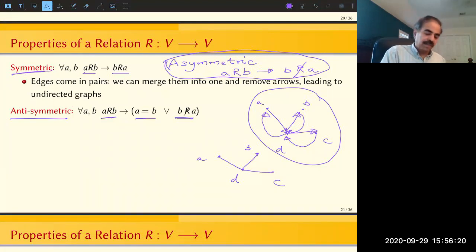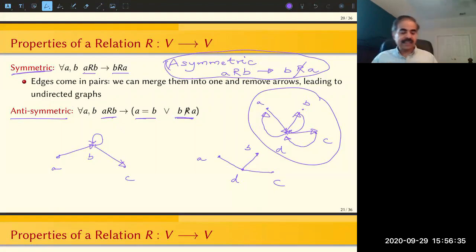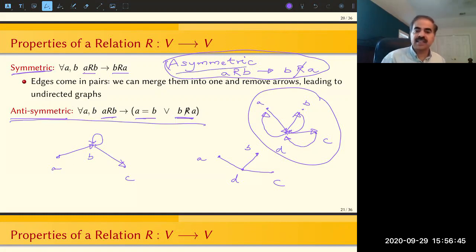So for instance, we can draw this graph. This is an example of a relation which is antisymmetric. It satisfies the condition of antisymmetry, but it doesn't satisfy the condition of asymmetry.